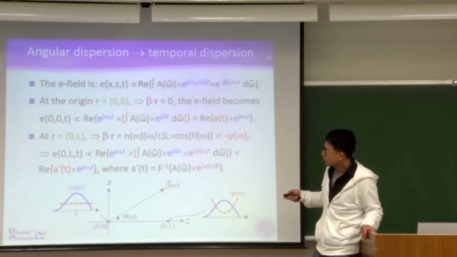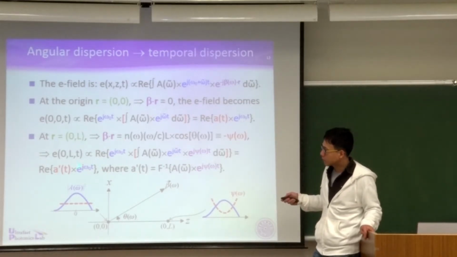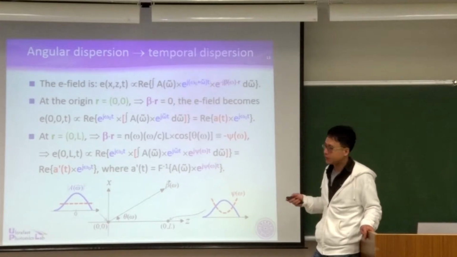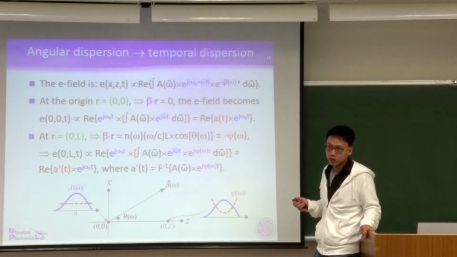Then you can see the result should be the real part of a new envelope function, a prime of t, times the carrier, where a prime of t is the inverse Fourier transform of a modulated spectrum, the original spectrum big A times the spectral phase modulation function, e to the j psi of omega.